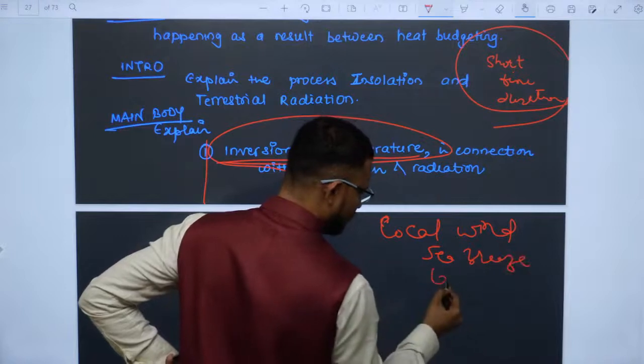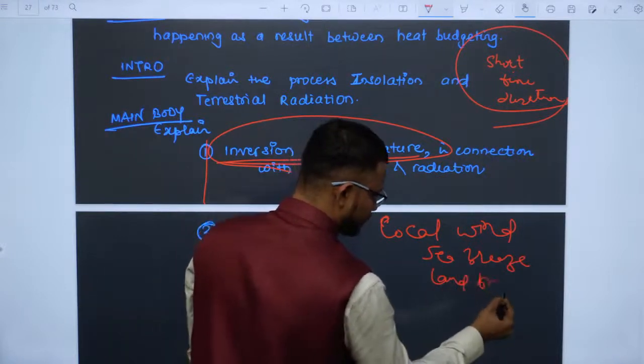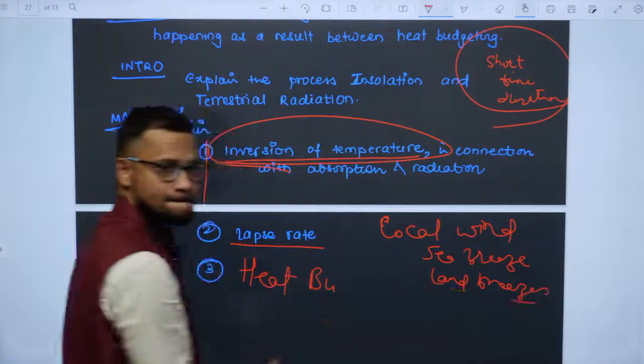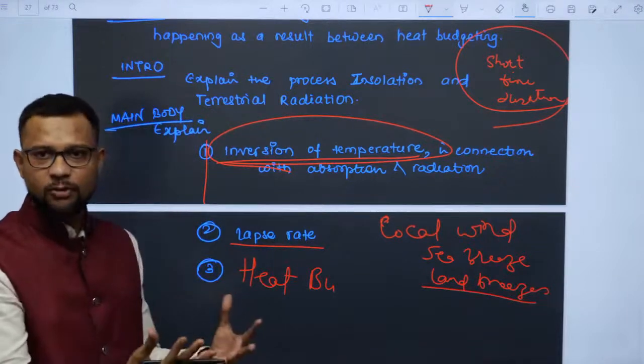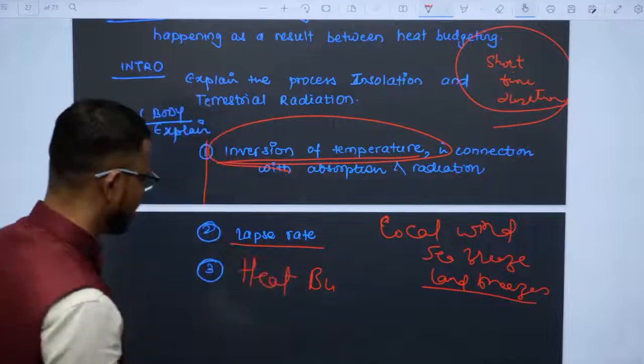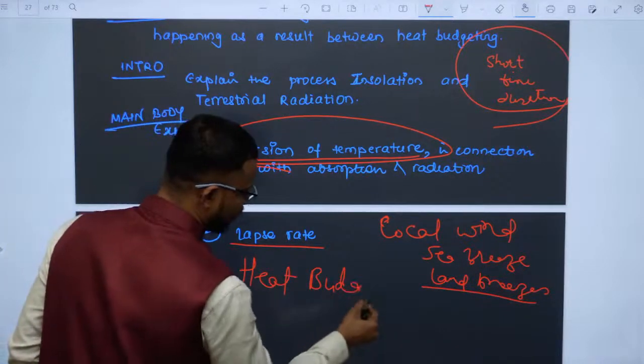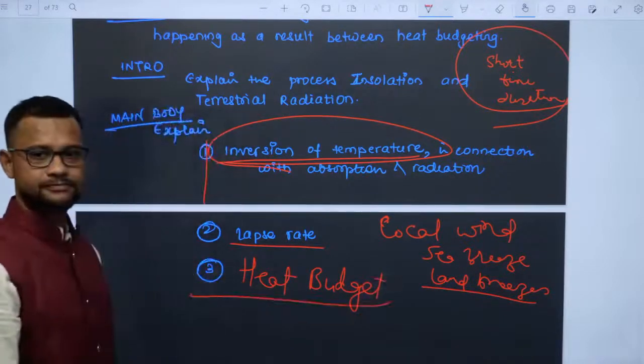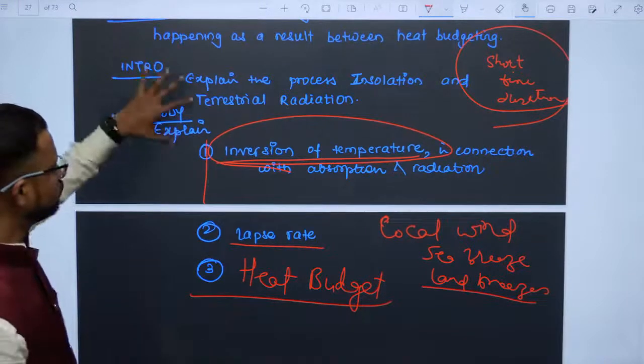This way, short term is the phenomena, phenomena of 1 or 2 days. So this way, and at the last write about heat budgeting. Then this is what this question is asking for.